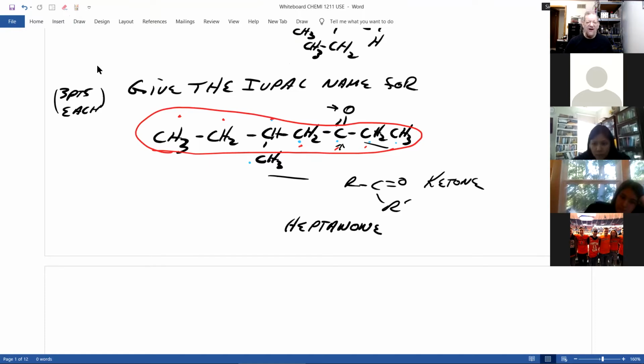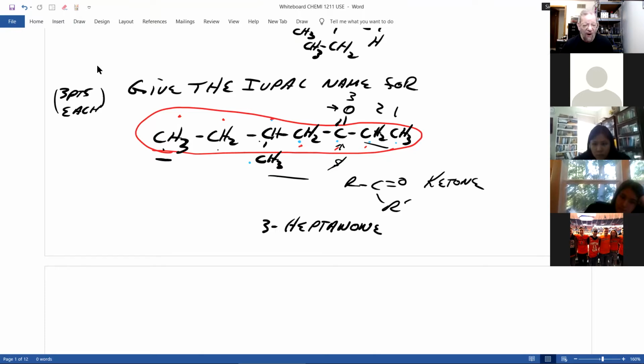Now, the next thing you have to do is, where is the carbonyl carbon? If we start 1, 2, 3, that would be on carbon 3. If we start from this end, 1, 2, 3, 4, 5, and which is the smaller number? Hopefully I'll pick 3. So that's now 3-heptanone.